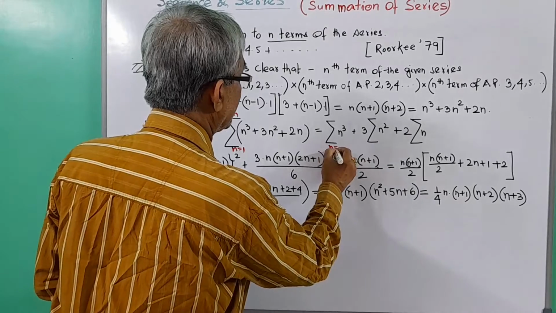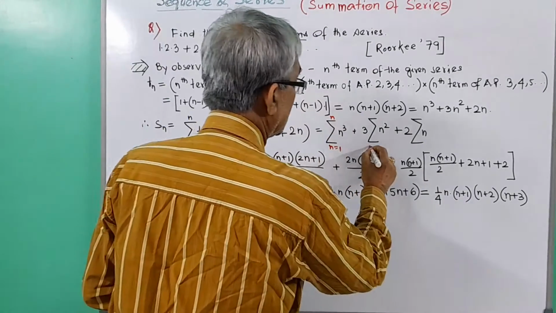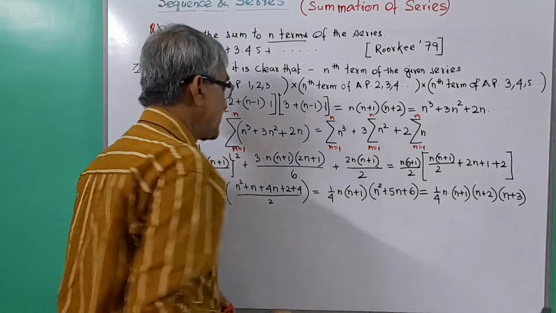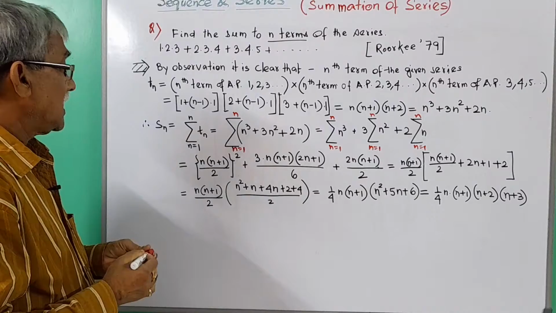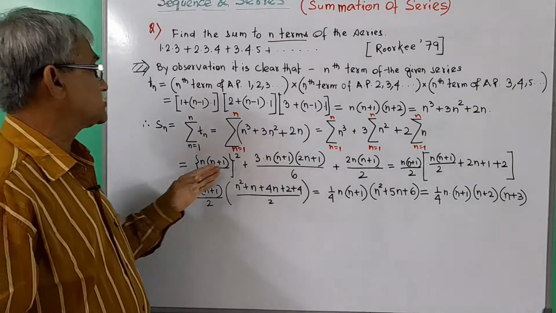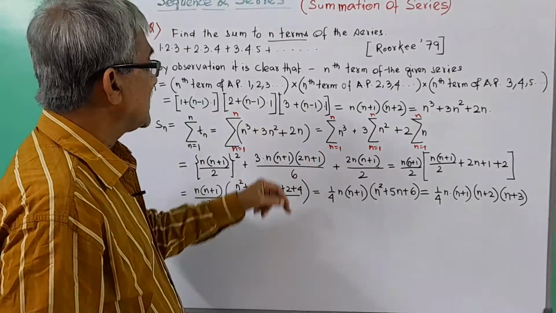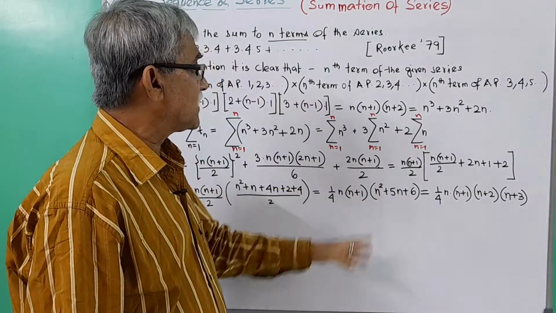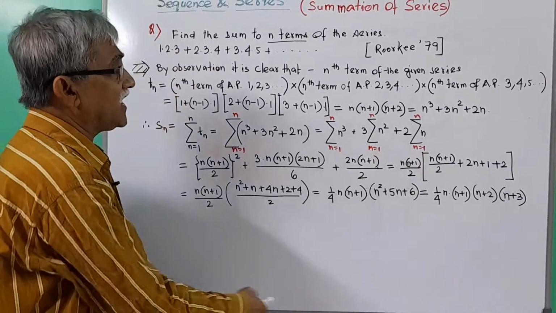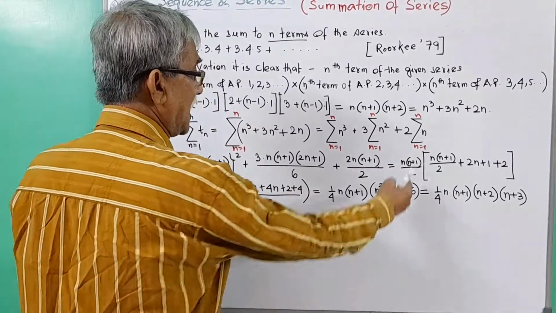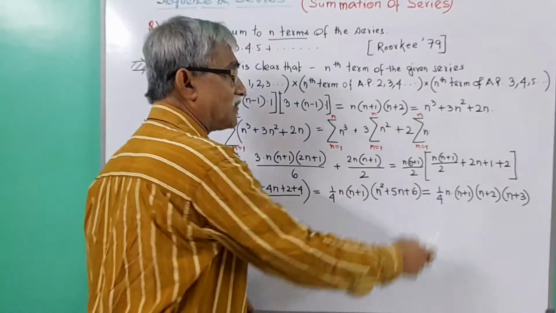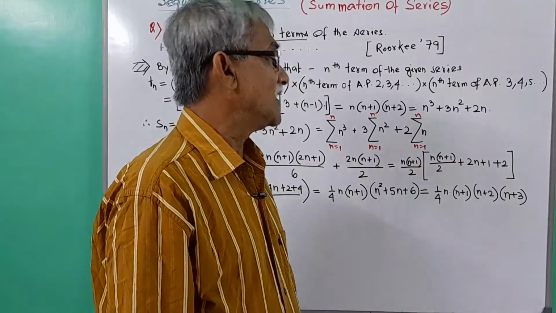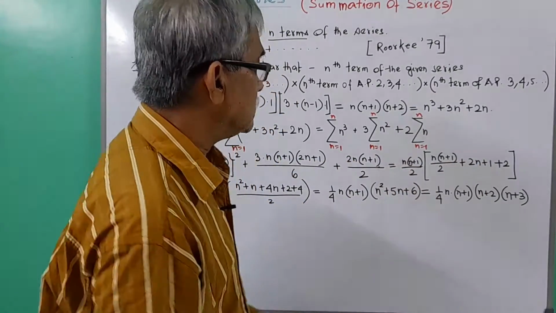And this is n into (n plus 1) by 2 whole square plus 3 into n into (n plus 1) into (2n plus 1) whole upon 6 plus 2 into n into (n plus 1) upon 2. So I am just taking n into (n plus 1) by 2 common. If I take this common, from the first one it becomes n into (n plus 1) upon 2. From the second one it becomes (2n plus 1), and from the third one it is 2.